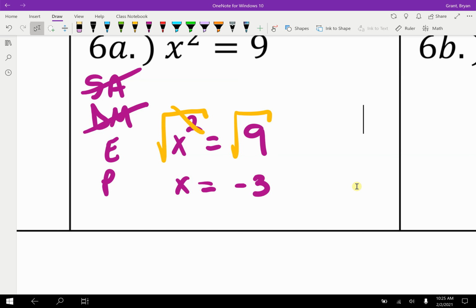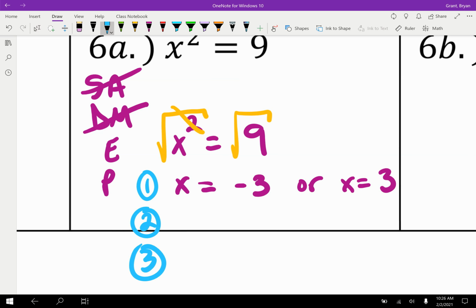And so you actually do need to write both answers to a square root. One positive, one negative. Now there are a couple ways you can write these answers. I'll give you like 3 options over here. One way is you can write them both separately. That's probably arguably the slowest way.